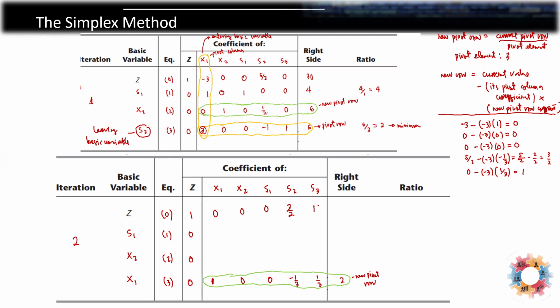So you have 1 here. This is 3 halves. And then 30 minus negative 3 times 2. That's 30 plus 6, which is equal to 36.